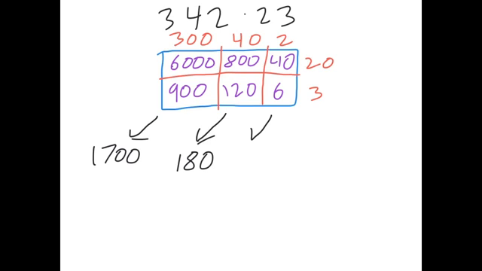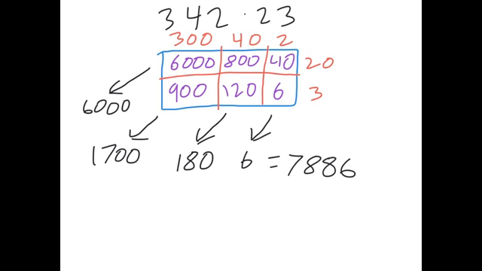And then 6 is by itself, and 6,000 is by itself. And then, just like we did before, we add them, and we should get the same answer. And that should be 7,886.